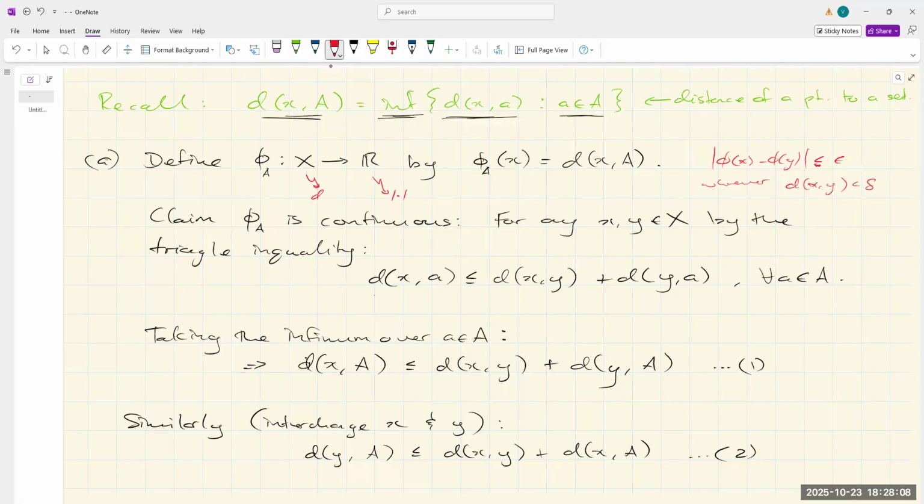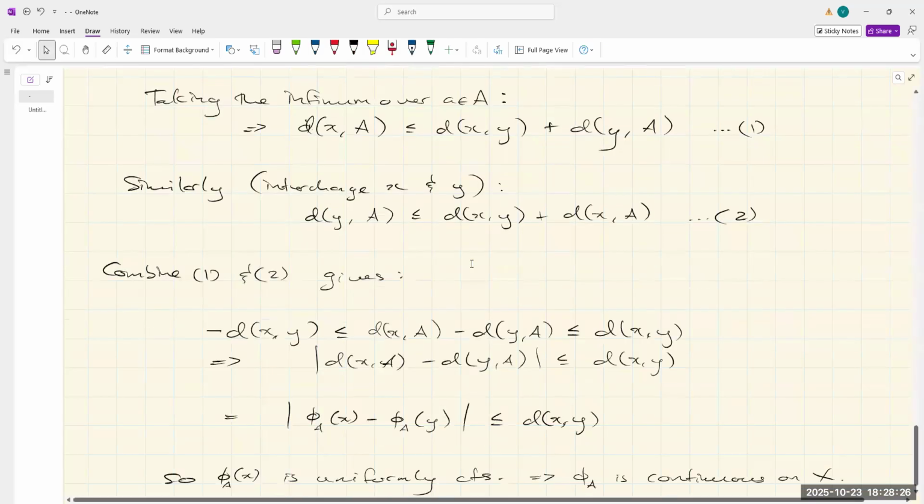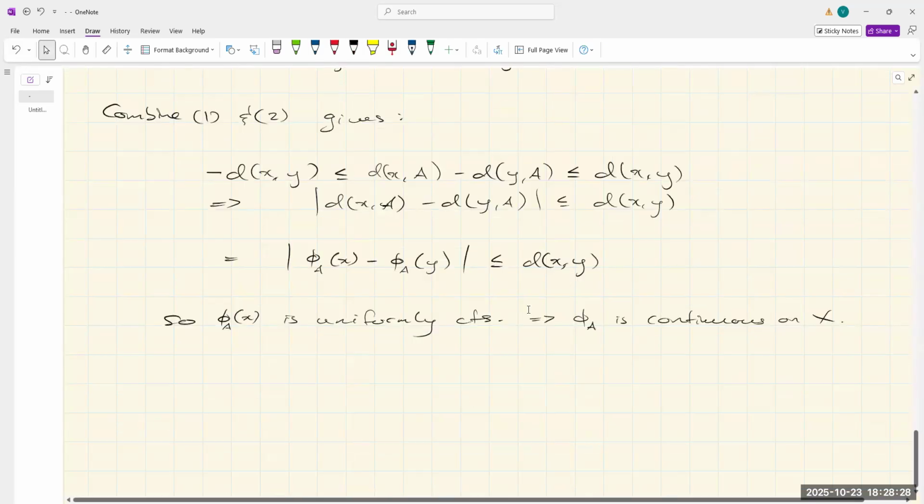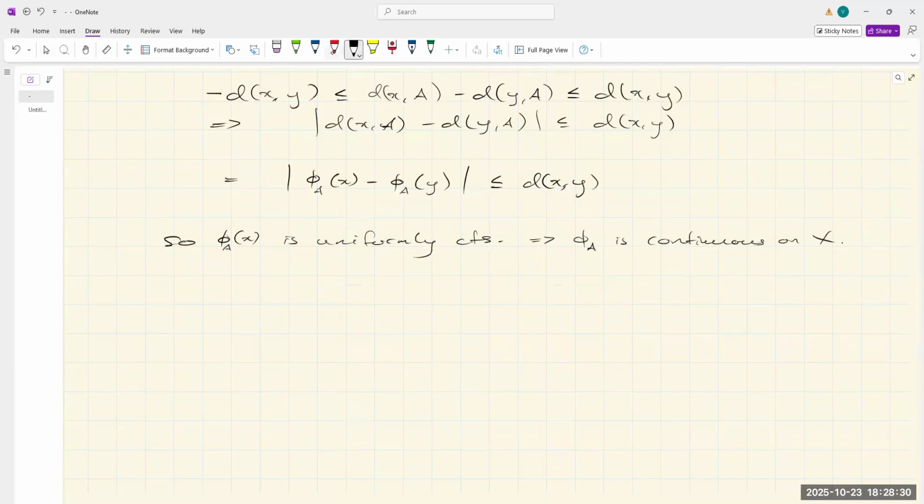So you could just take delta equal epsilon. Okay, so this thing is continuous. Right, so yeah, that was my claim, verified there.